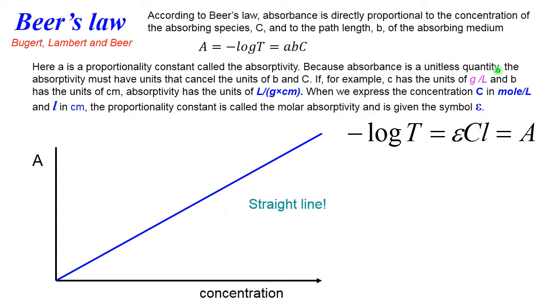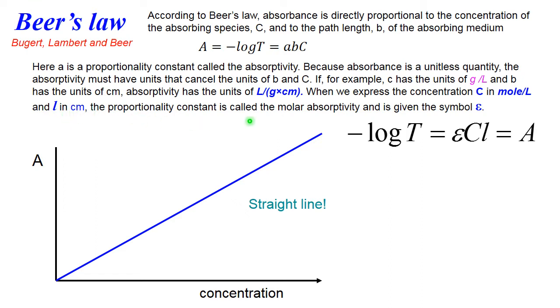Now, absorbance is a unitless quantity. Absorptivity must have units that remove units of thickness and concentration. If concentration is in grams per liter and thickness in centimeters as usual, absorptivity will have units of liters per gram per centimeter. Most commonly we express concentration in moles per liter, which of course is molarity, and thickness of the cuvette in centimeters.